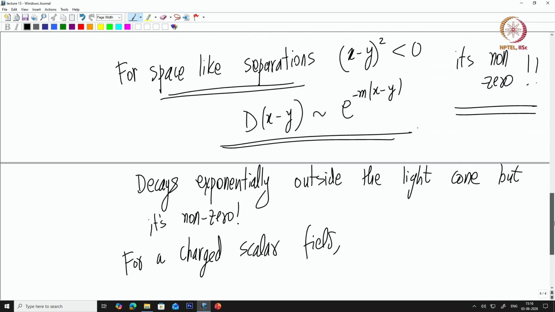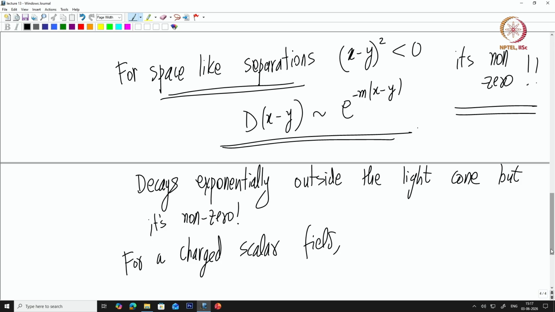The key point to remember is that if you have a space-like propagation from x to y, you can also have a propagation from y to x. It is symmetric between x and y, so the x to y propagation and the y to x propagation cancel out outside the light cone. For a real scalar field, the particle and antiparticle are the same.